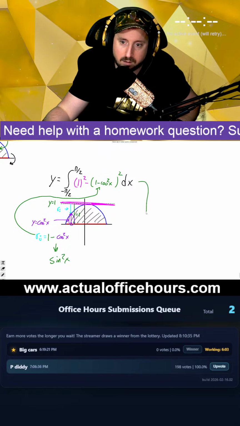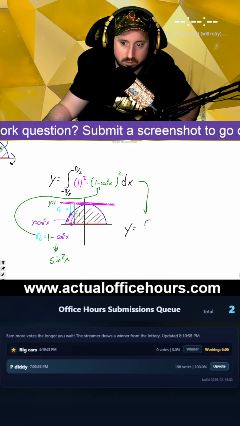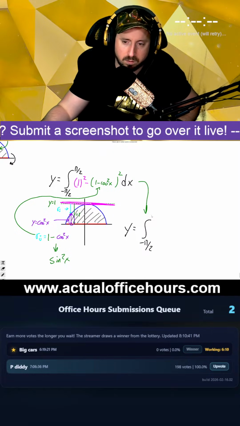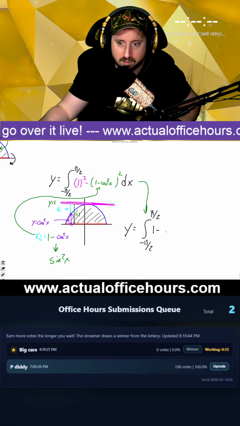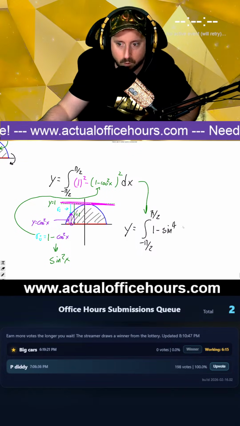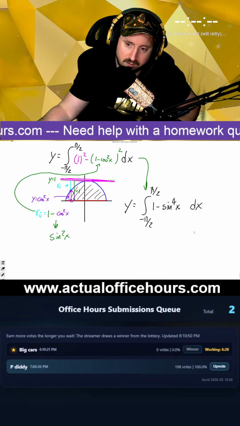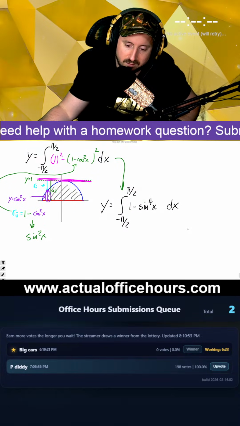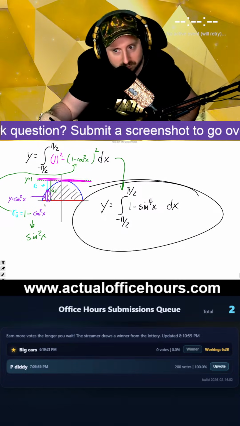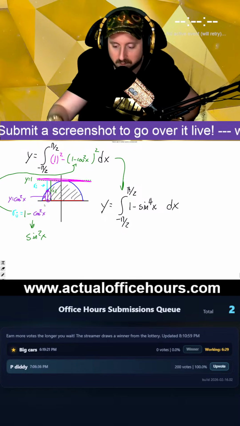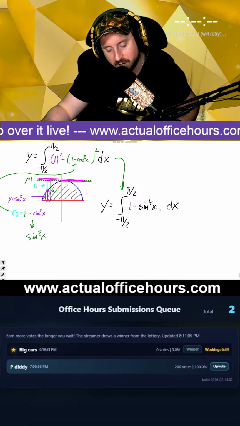So in reality, what you end up getting for the integral is negative pi over 2 to pi over 2 of 1 minus sine to the 4th of x dx, which kind of becomes a mess, but I leave it as an exercise to the reader to do that integral. I think this is a simple integral to do, but then this becomes another power reduction.